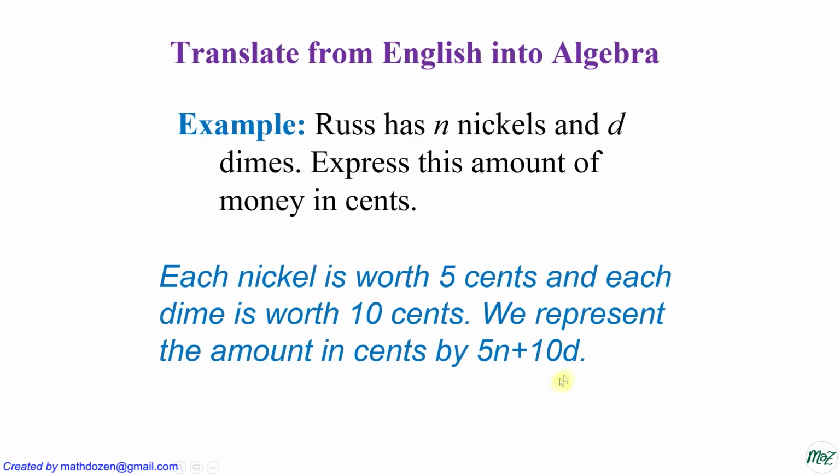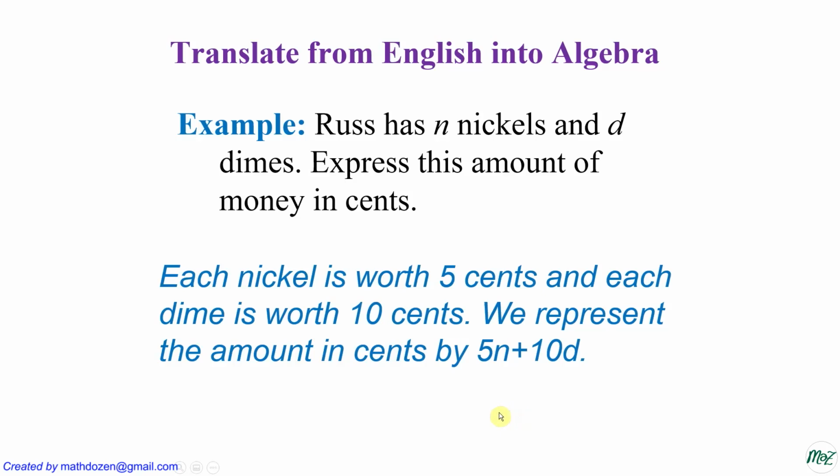And then we have D amount of dimes, and each dime is 10 cents as a value. So the phrase that we have in the example will be represented by the expression 5 times N plus 10 times D.